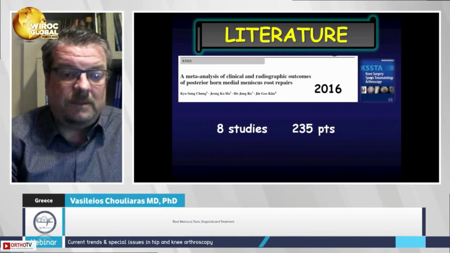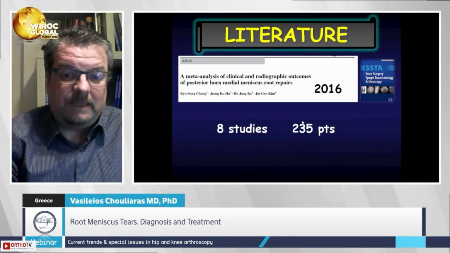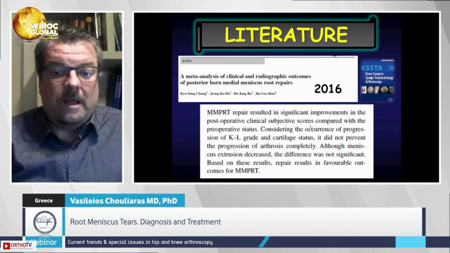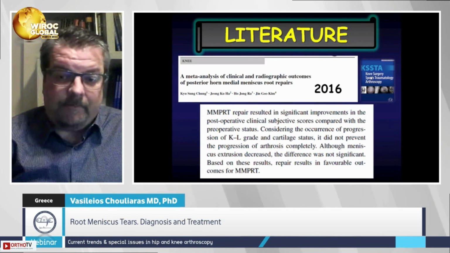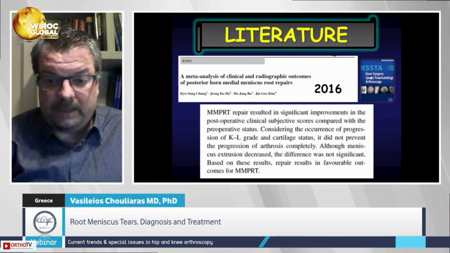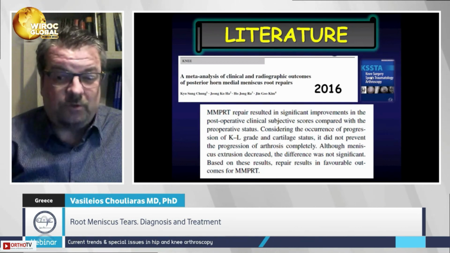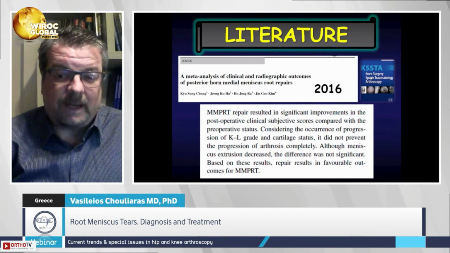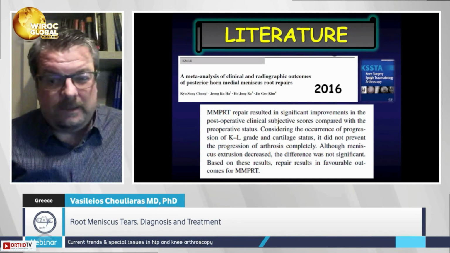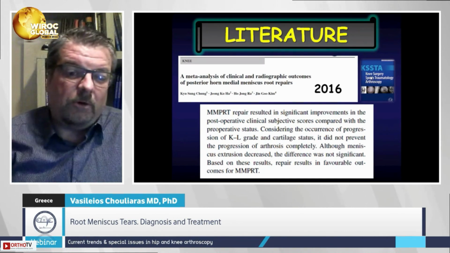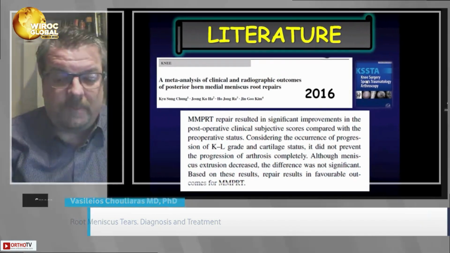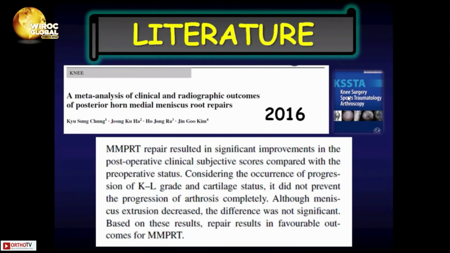The first meta-analysis with 88 studies and 235 patients found out that there's a very good result concerning the clinical results, the scores, the progression of arthritis and the cartilage status. They did not prevent it completely, but of course, it's better than not doing anything.